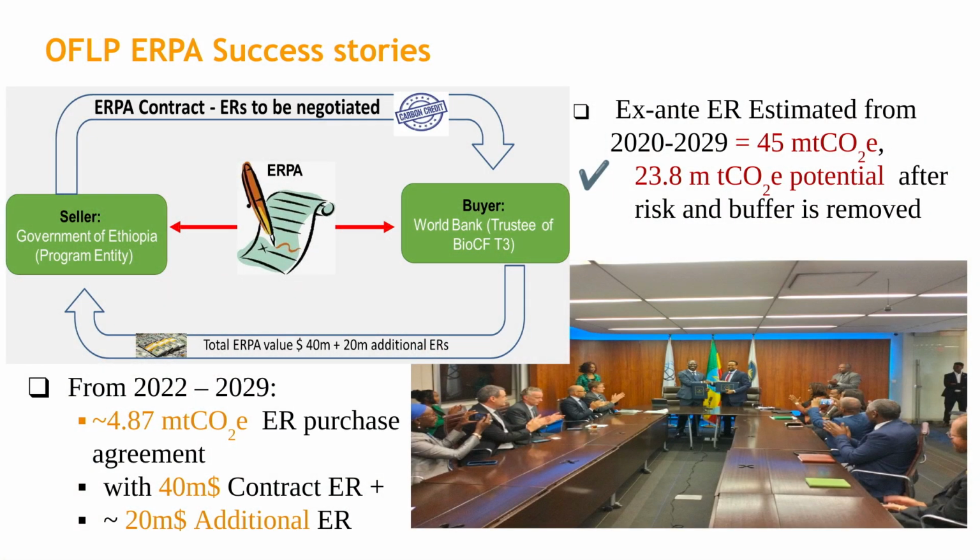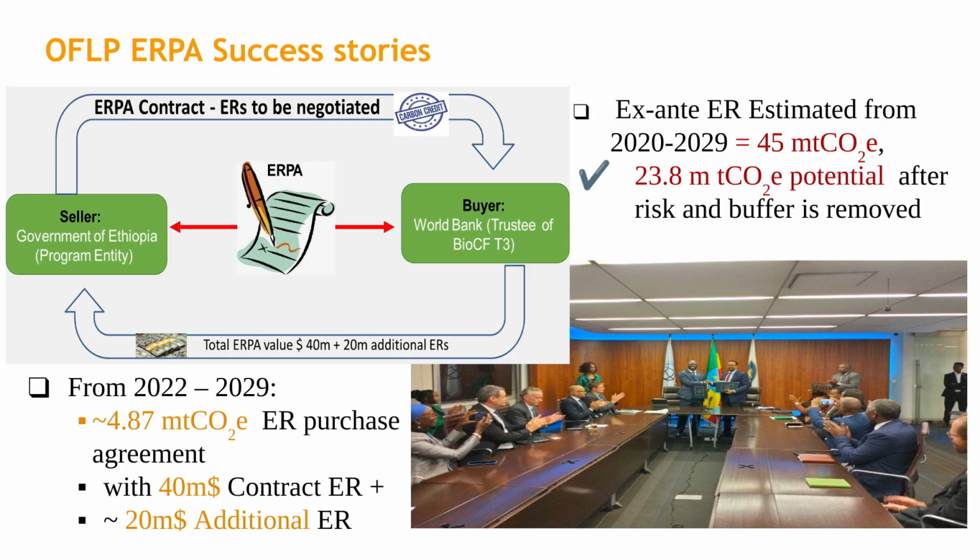Within 5 years, 5.7 billion tree seedlings were produced and planted. And in order to get this, we made an agreement with the Initiative for Sustainable Forest Landscape program, which is by the World Bank. And there is an ex-ante estimate. Based on our activities, we estimated that 45 million tons of carbon dioxide can be reduced within 10 years.